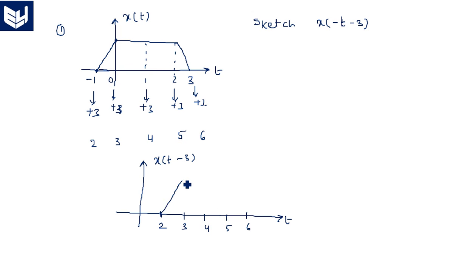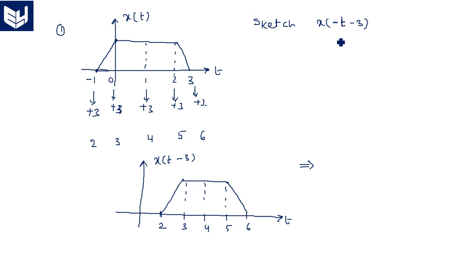So we have the signal from 2 to 3 like this, and up to 5, and again goes down. This is your signal for t minus 3, but our signal is minus t minus 3. So we need to draw minus t minus 3. What do you mean by minus t? Minus t means the time reversal property.